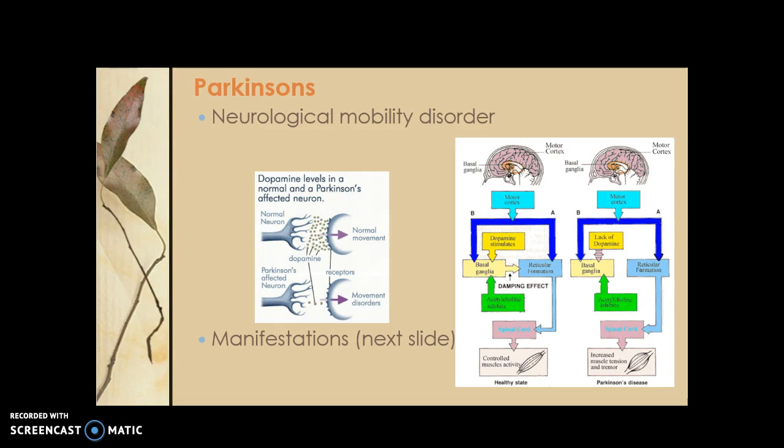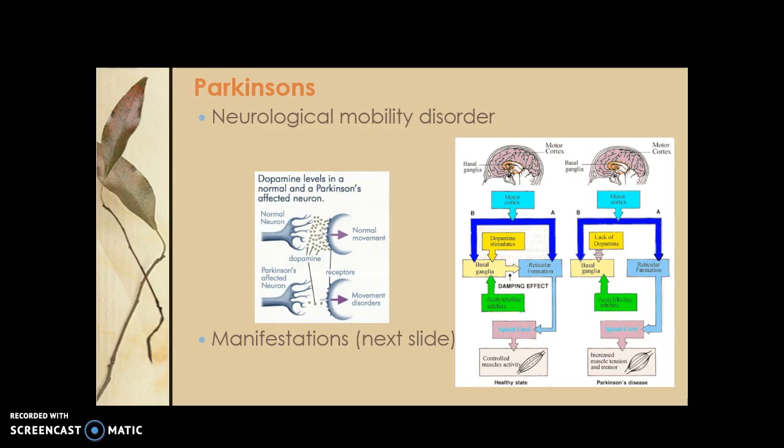Finally, we're going to look at Parkinson's disease. And Parkinson's disease is kind of special because it is a mobility problem, but it's a neurological mobility problem. And it relates back to neurotransmitters. So much like MS relates to the transmission of nerve impulses along the nerve, this particular disorder relates to the nerve impulses communicating between neurons and their ability to move a message between neurons on neurotransmitters.